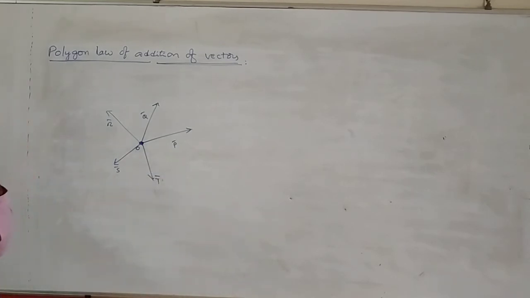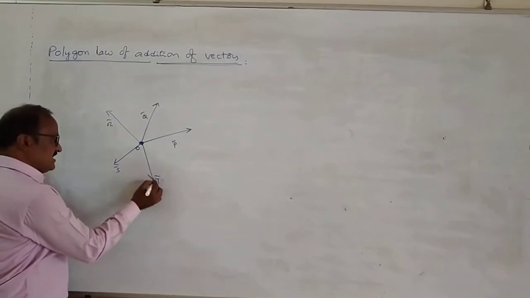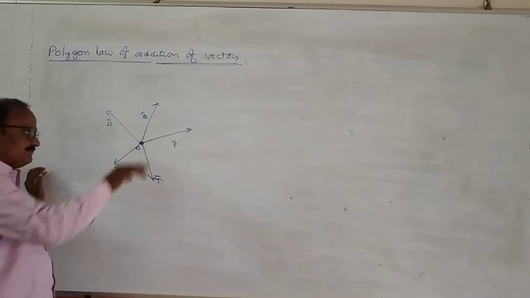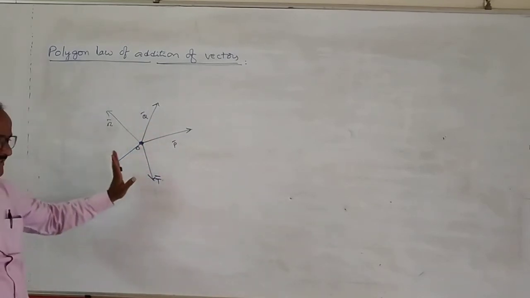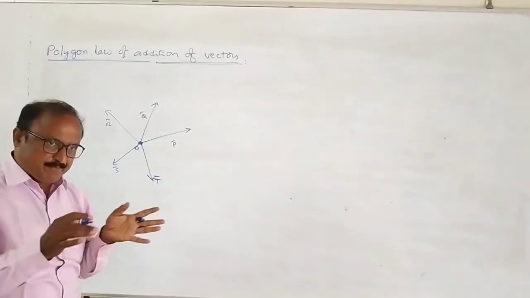How many forces are there? 1, 2, 3, 4, 5 forces. These are the 5 forces acting at the point simultaneously, and the point is in equilibrium. All these forces are coplanar. Coplanar means the given forces lie in a plane.